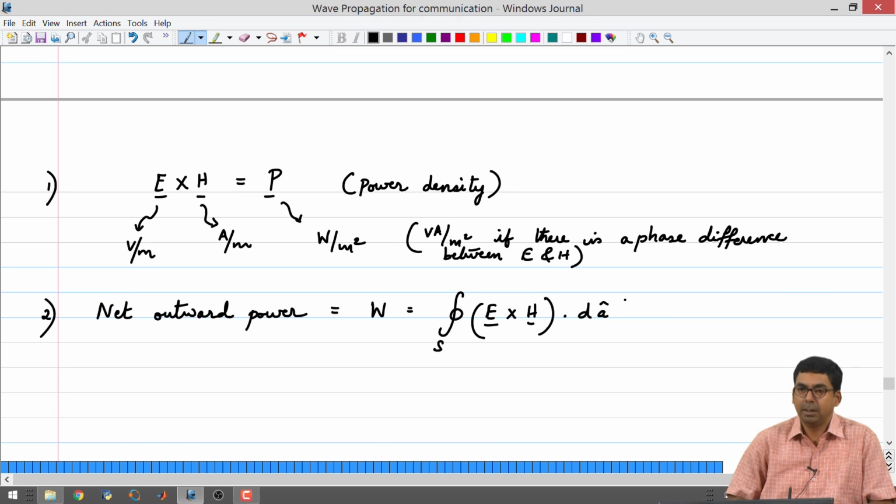That is the net outward power. Suppose you were to calculate the intensity of an electromagnetic beam that is hitting a surface, you will take the power density at every place and integrate it over the area. That is the net power that is delivered.